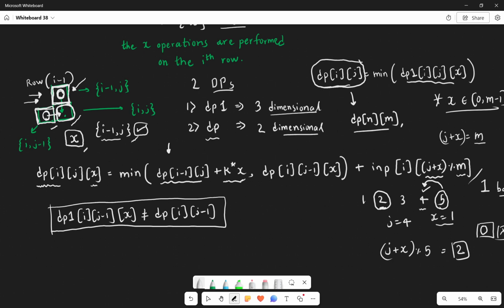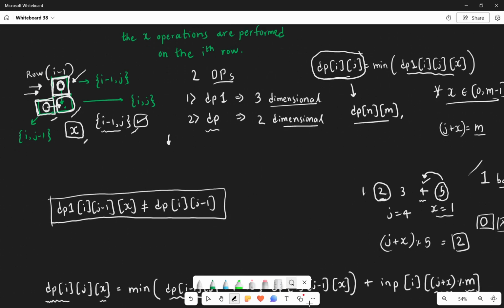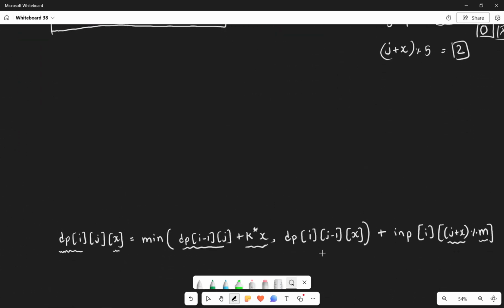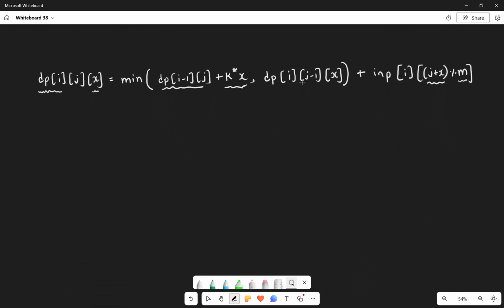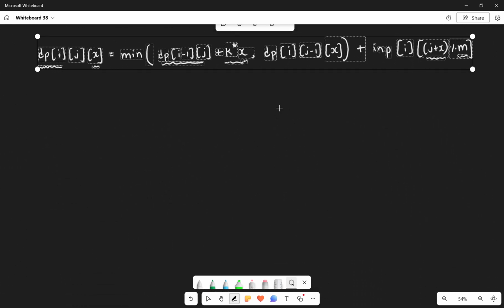Basically, let me take these transitions. Why is it not selecting? Yes, it's selected, and yes, we are good to go.